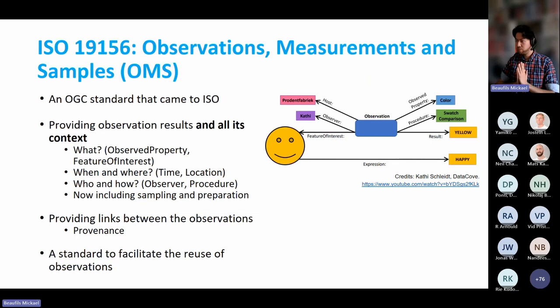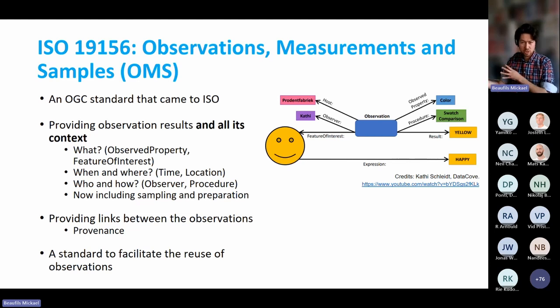As you can see in the picture on the right, which comes from a colleague, there are multiple ways to express that a phase is happy. You can just mention it as a pair of parameter and value. But the idea in Observations, Measurements and Samples is to go beyond that and to provide the observation result and all of its context.